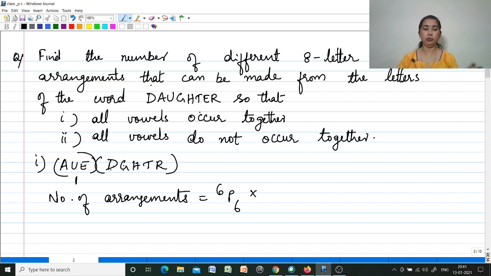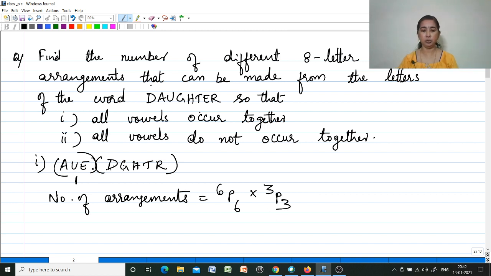The vowels A, U, E can themselves be arranged in different ways. How many ways can these vowels be arranged? Three vowels are there, so 3 different ways. So by the fundamental principle of counting, the number of arrangements is 6P6 into 3P3.